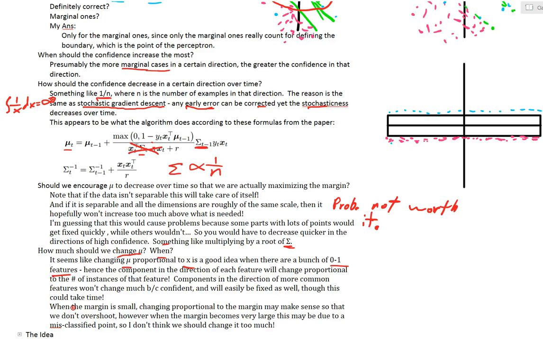So in natural language processing, we have a bunch of 0, 1 features, hence we'd like to make updates in each feature proportional to the number of instances of that feature.